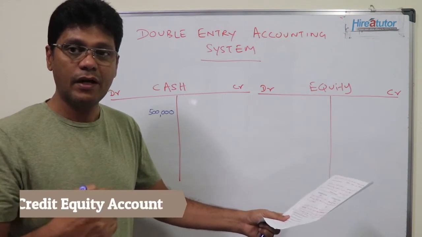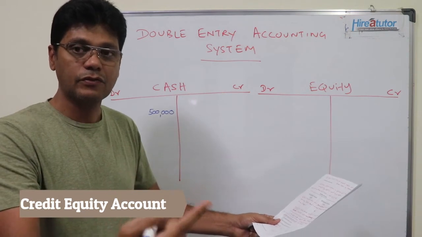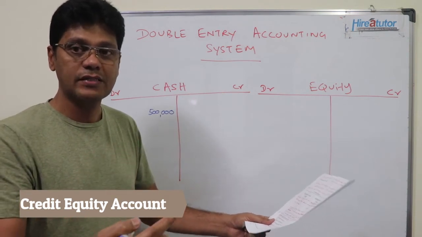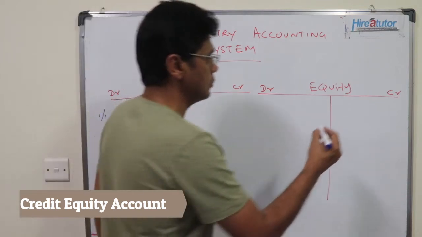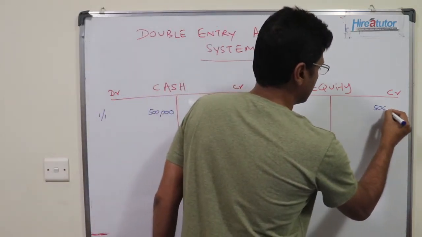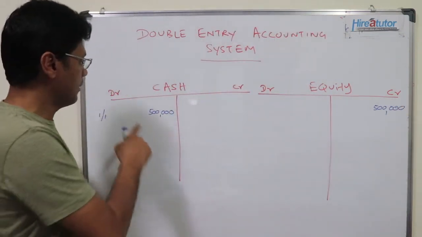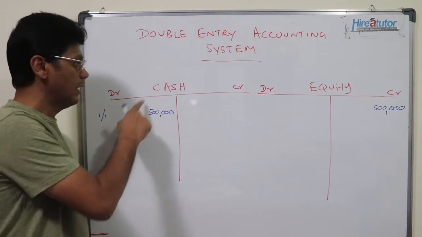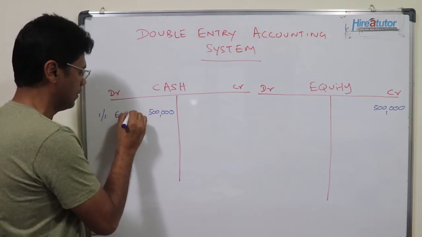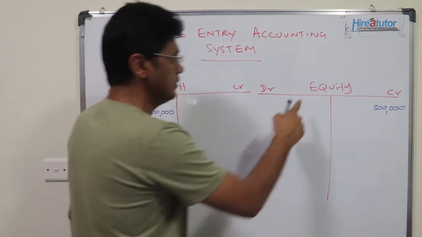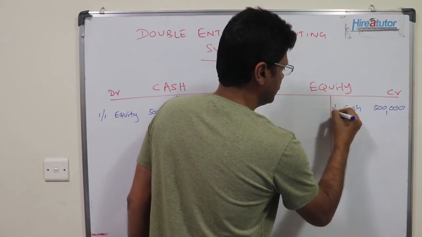He had invested money, the business has to pay back money back to the owner. So therefore there's a liability, increase in liability should be credited. So 500,000. So what is the reference in cash account? It should be equity. And the reference in the equity account will be cash, 1st January.